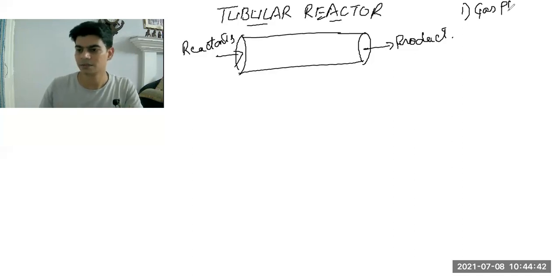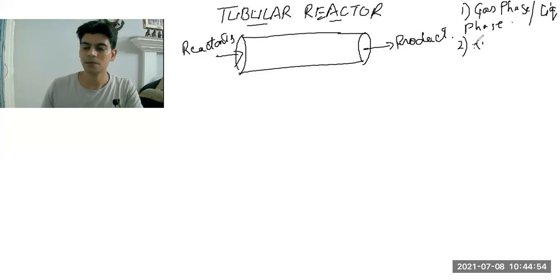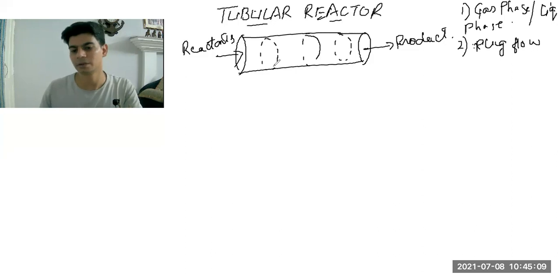And we assume the flow as plug flow, which means velocity will be the same in any cross section of this reactor. You check it over here in this cross section, velocity will remain the same as the fluid flows in the forward direction.